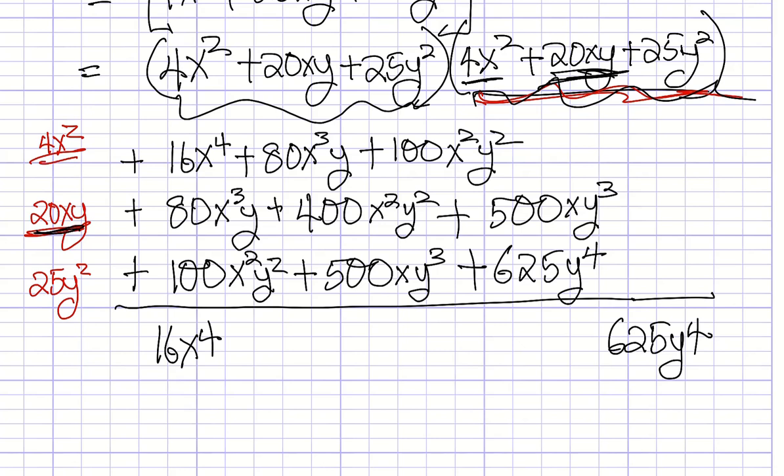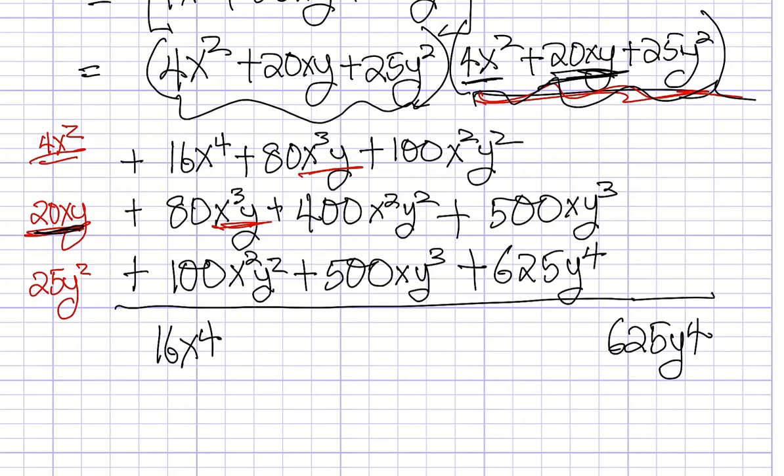There's nothing to add it to. So we just have to add the other ones. Look at that. Where is another one raised to power 3? That's x raised to power 3 multiplied by y. There are only 2 of them. You see? So we add that.